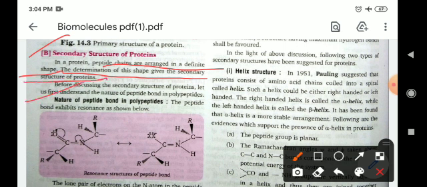So, the nature of peptide bonds in polypeptides.